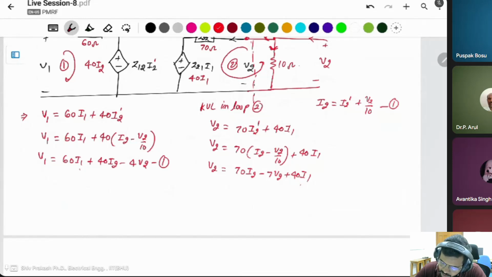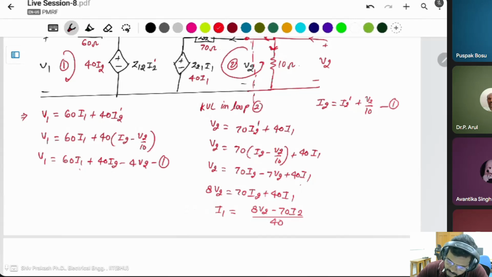We can add this one, 8 V2 here. Then what is the I1? In this case, 8 V2 is equal to 70 I2 plus 40 I1. And what is the I1 in this case? 8 V2 minus 70 I2 by 40.